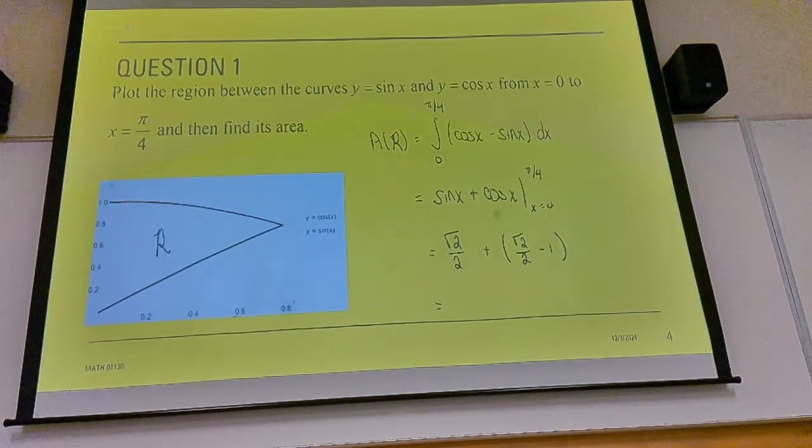Square root of 2 over 2 minus 2. No, square root of 2 over 2. What is it? Is it already simplified? That can be simplified. Square root of 2 minus 1.